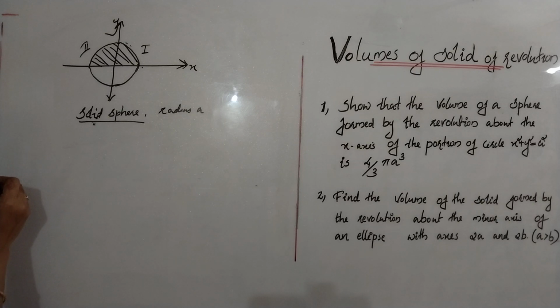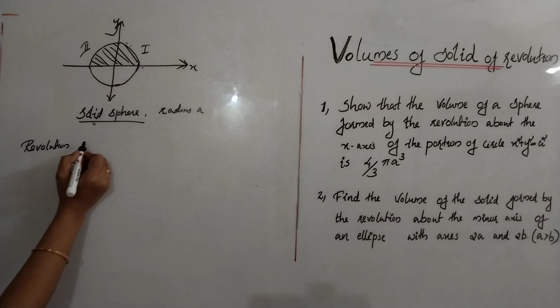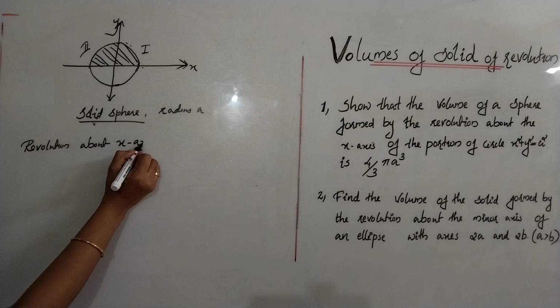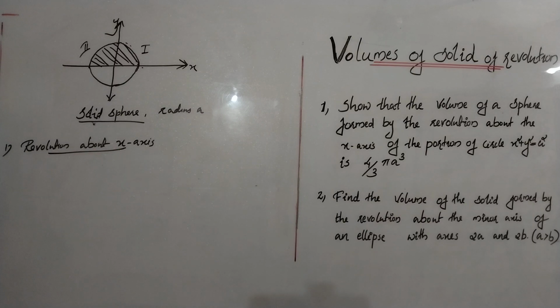We have one formula. First, consider the revolution about the x-axis to find the volume of revolution.